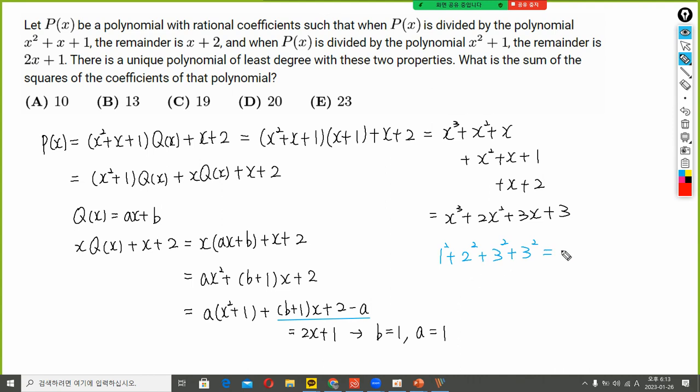Yep, 23, so the answer is E. So we are using the remainder theorem, I would say, here to solve this problem.